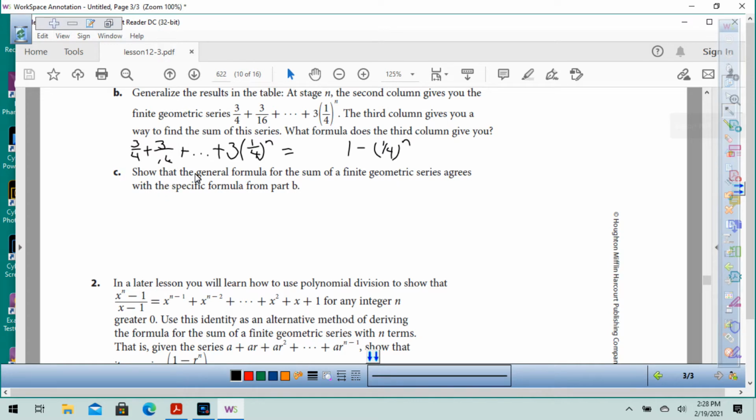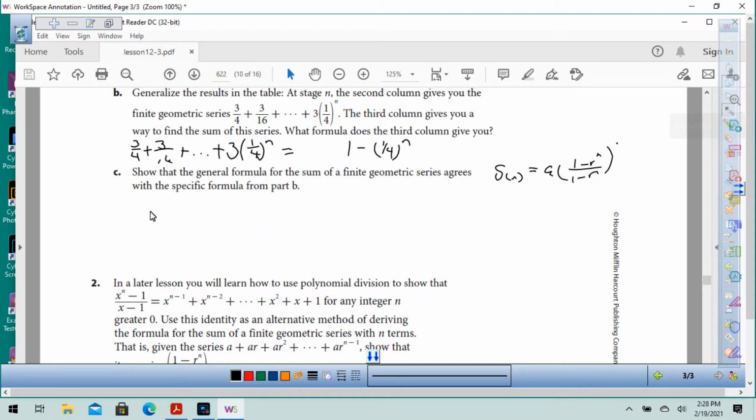Number C, show that the general formula for the sum of the finite geometric series agrees with the specific formula from part B. Okay, so the general formula is S sub n equals A times 1 minus r to the n over 1 minus r. So let's try that.